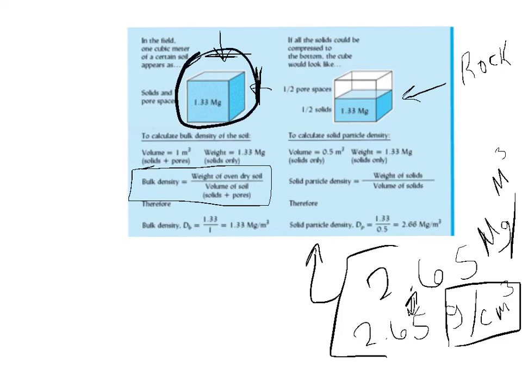So we take the weight and we divide it by the volume of that soil. That gives us these sorts of numbers: 1.33 megagrams per meter cubed, or 1.33 grams per cubic centimeter. We'll go through some calculations of this as well to help you further understand this.